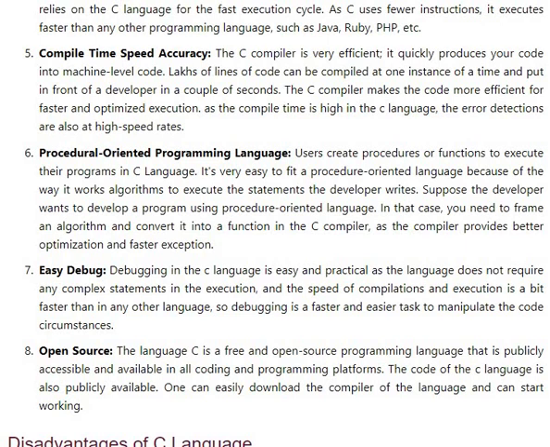And C is a procedure-oriented programming language. Everything in C is in the form of functions. It's a structured programming language which allows a complex program to be divided into small programs called functions.